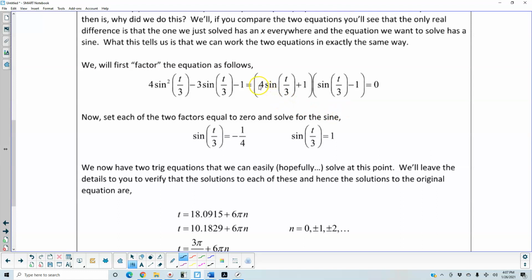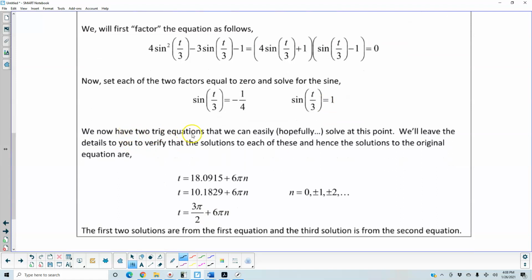So the first one, if we let 4 sine of t over 3 plus 1 equals 0, we're going to subtract 1 from both sides and then divide by 4. So we get sine of t over 3, which is equal to negative 1/4. Over here, we add 1 to both sides, so we get sine of t over 3, which is equal to 1. So now what we have are two trig equations that we can easily and hopefully solve at this point.